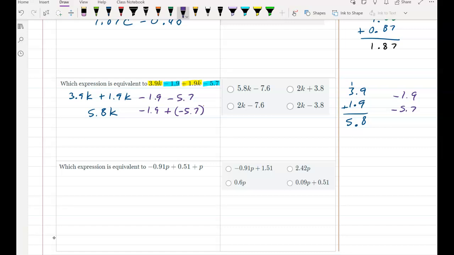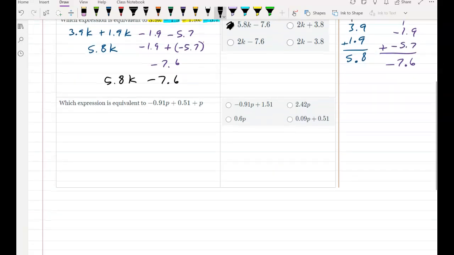We have negative 1.9 plus negative 5.7, so that's why I'm adding these two together. Adding two negatives just makes more negatives. 9 plus 7 is 16, carry the 1, 5 and 1 and 1 is 7, and we keep the decimal there, so negative 7.6. When we are all finished with this, we have 5.8k minus 7.6. And look, there's our happy little match right there.